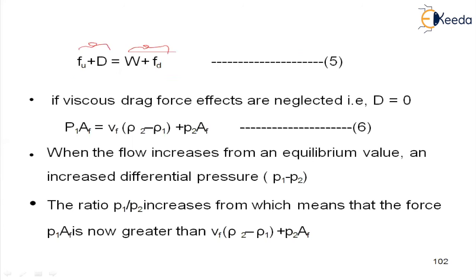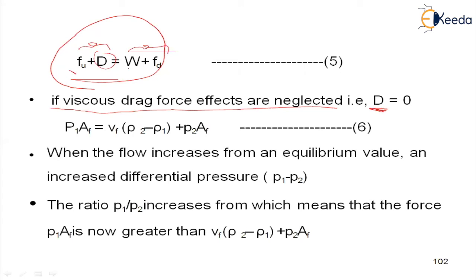This is very, very important, my dear students. Here the viscous drag effect is very negligible, so we can eliminate this value, and then automatically the D function becomes zero. Substitute the values of all these parameters from the previous slides' formulas. This is for Fu, this is for W, this is for Fd.